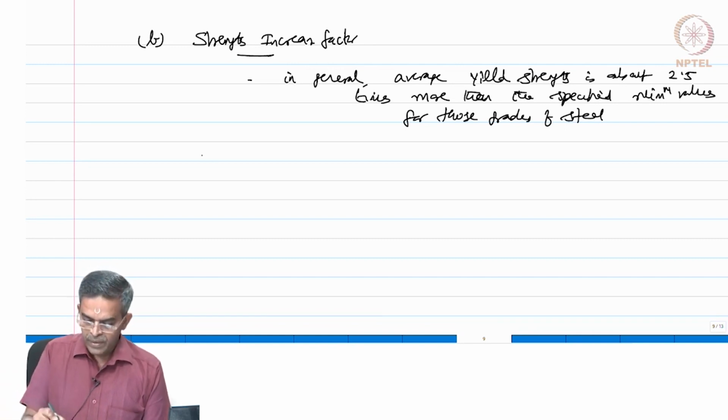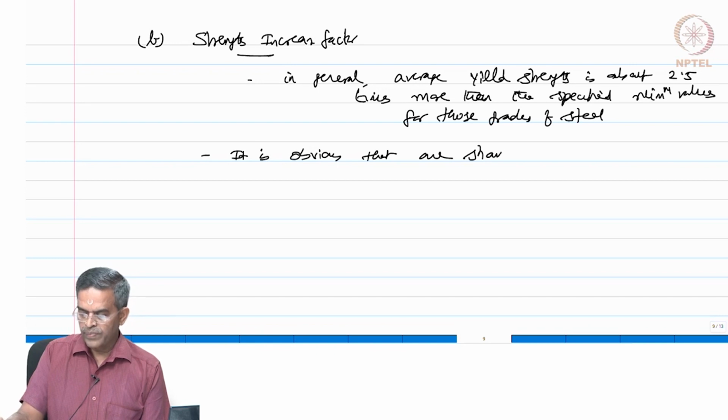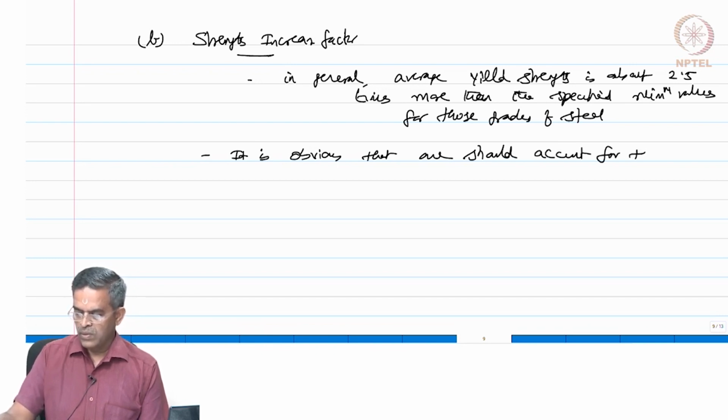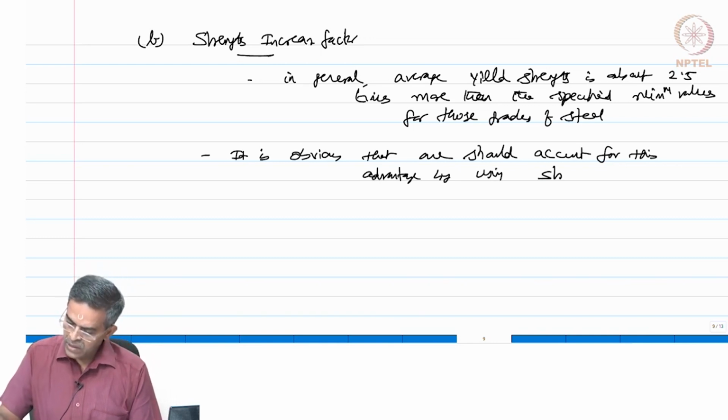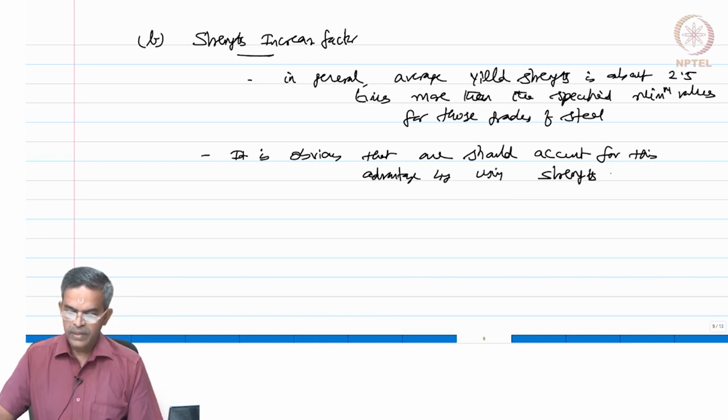Therefore, it is obvious that one should account for this advantage by using what is called the strength increase factor, let us say SIF.